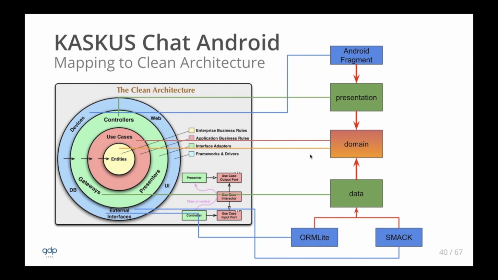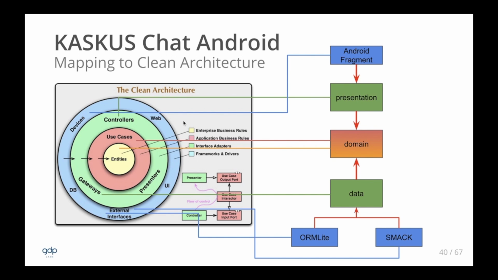And this is a more complete high-level view of our dependency diagram compared to the clean architecture diagram from Uncle Bob. From the innermost layer, we put entities and use cases into one module, the domain module, and then the presentation and data both belong in the same layer, the screen layer.